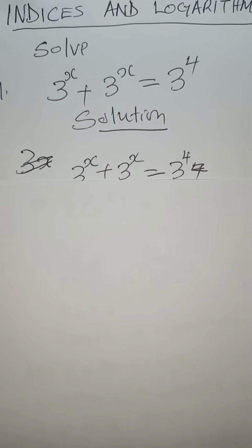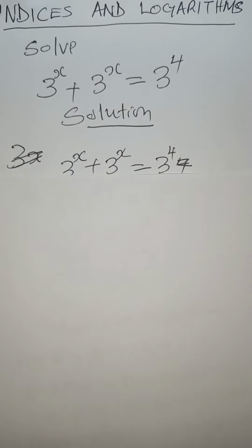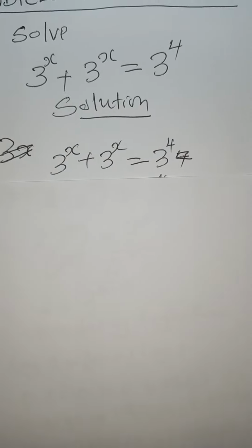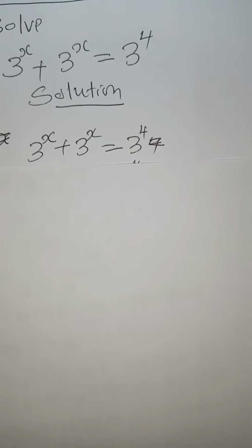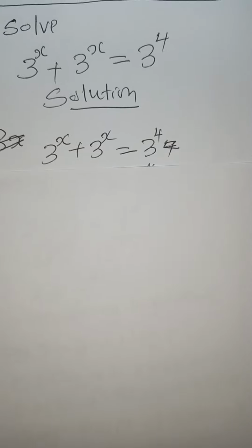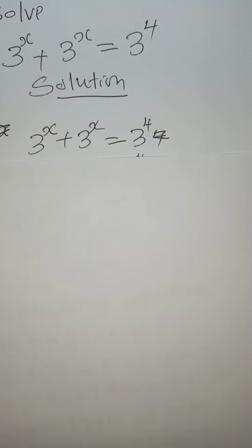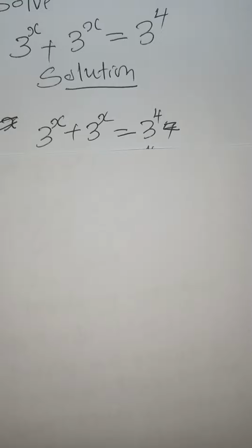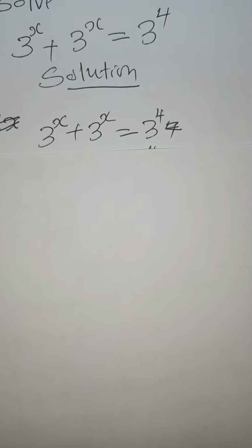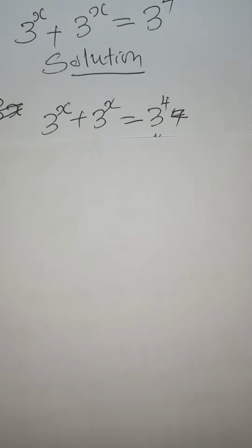So let's go ahead. When we come to the solution, when we have 3 raised to power x plus 3 raised to power x to be equals to 3 raised to power 4, you will realize that all their bases are the same, and the base here is 3.